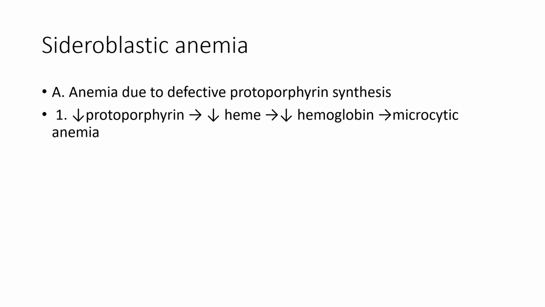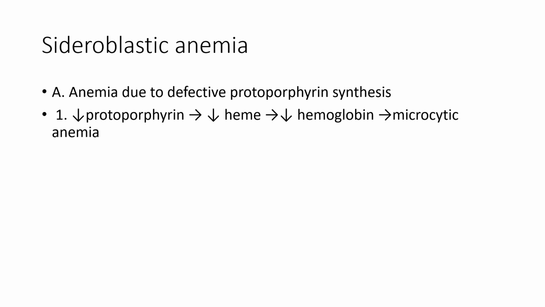Now, option two, sideroblastic anemia, is due to defective protoporphyrin synthesis. As you all know, the heme part of the hemoglobin consists of iron and protoporphyrin rings.